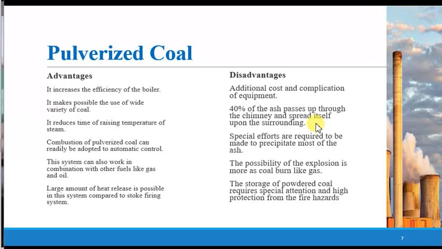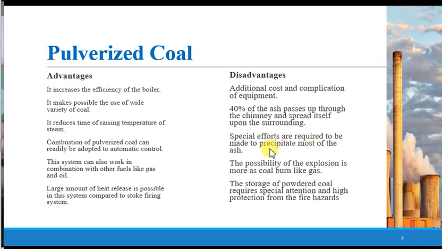So the air before going outside must be treated, and that also increases the cost of the system. So although it increases the efficiency, it increases the cost and the processing, and the processes also take time. So that is also a disadvantage of this system.